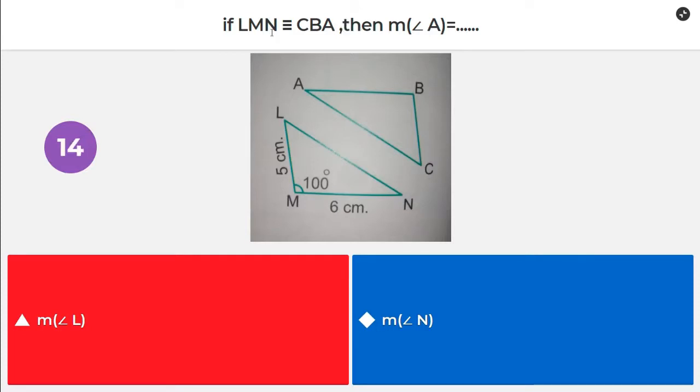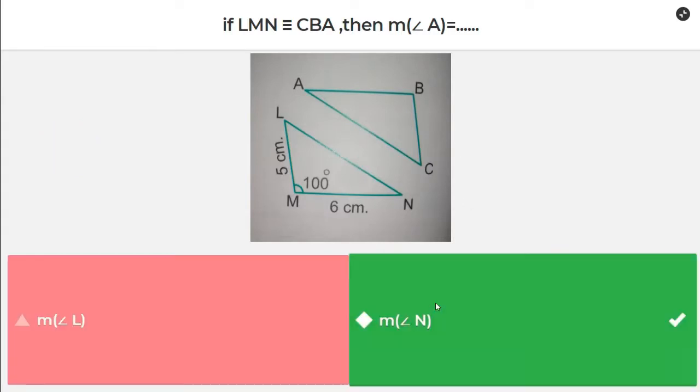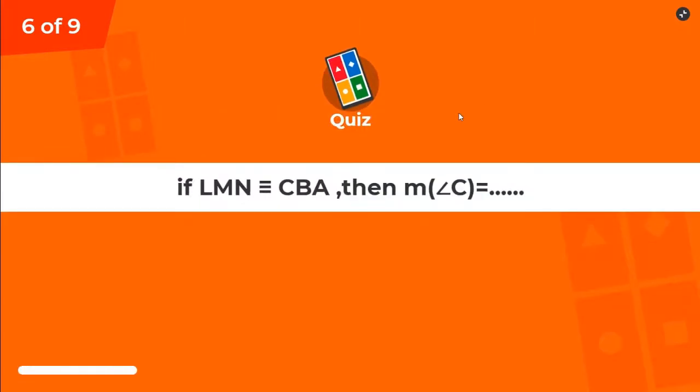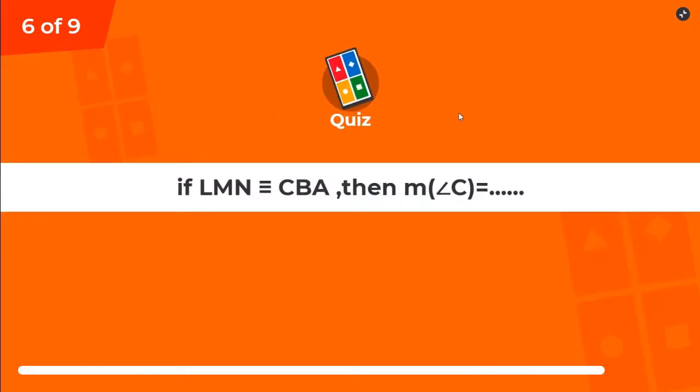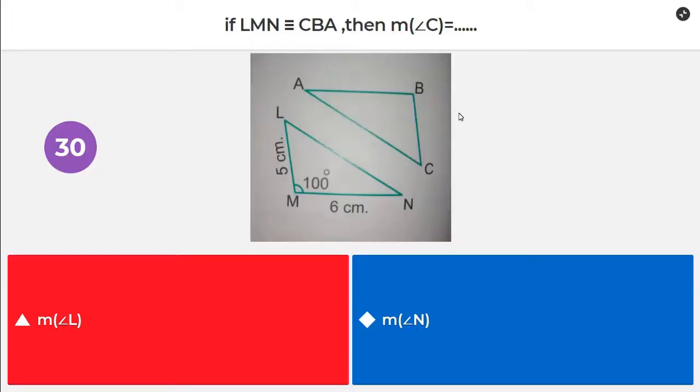So measure of angle A equals measure of angle N. Measure of angle C: C is the first letter in the second triangle, so it will be equal to L, which is the first letter of the first triangle. So measure of angle C equals measure of angle L.